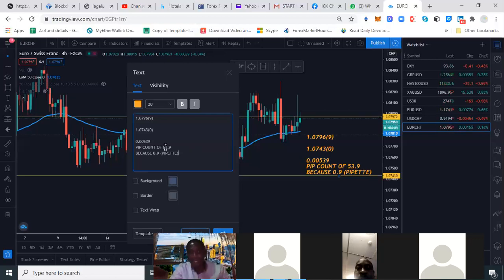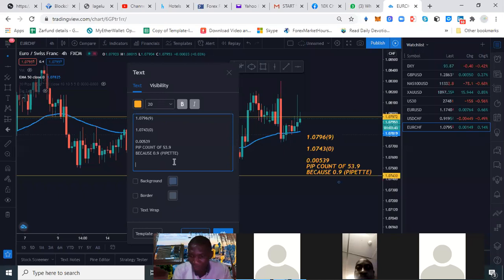So the easiest way I calculate pips is this. I just pick the two numbers, and I decide. For example, if I tell you that we are dealing with a price, and I tell you to add 10 pips to it.